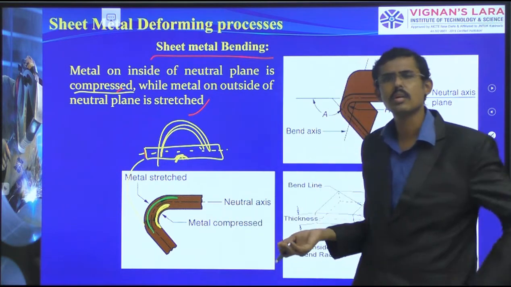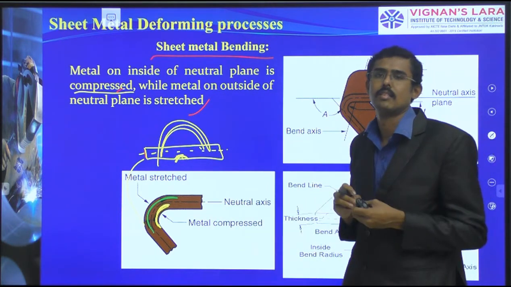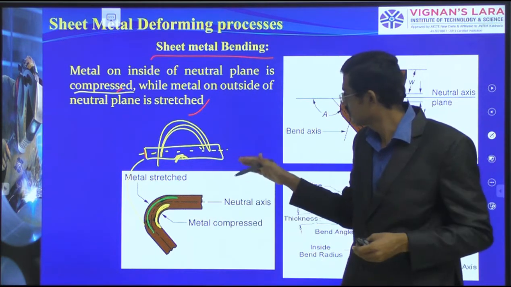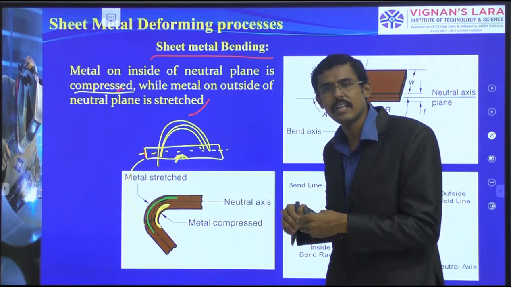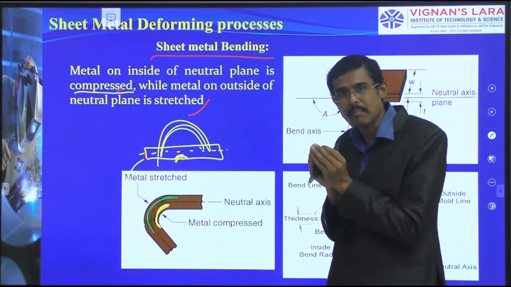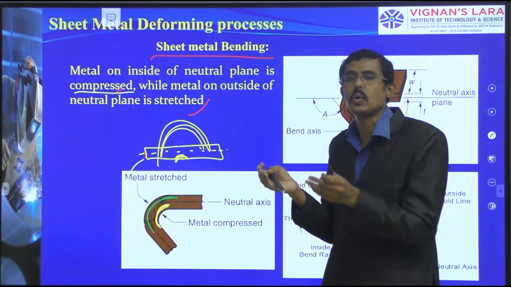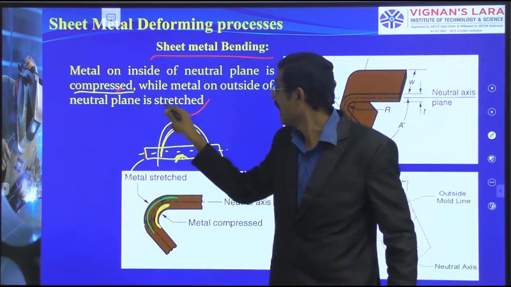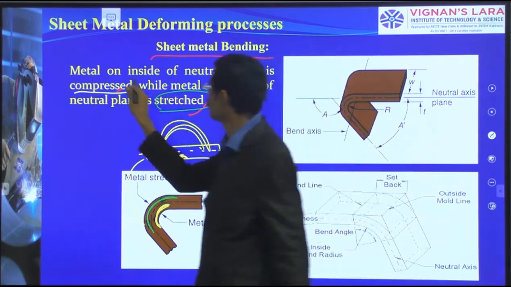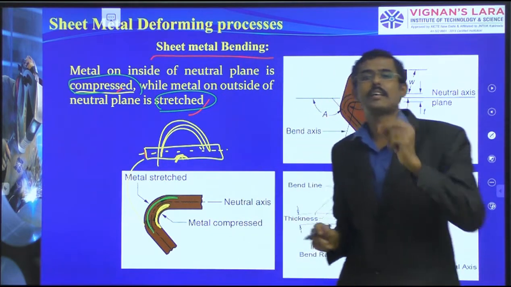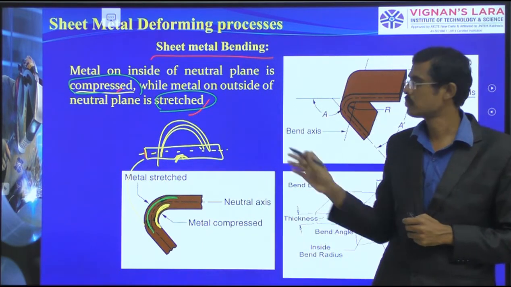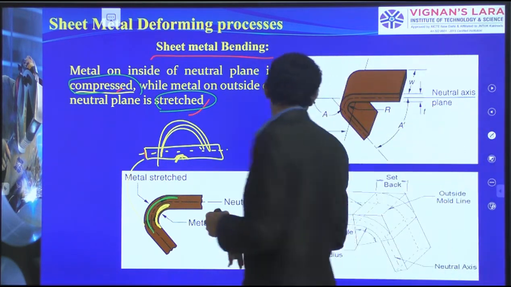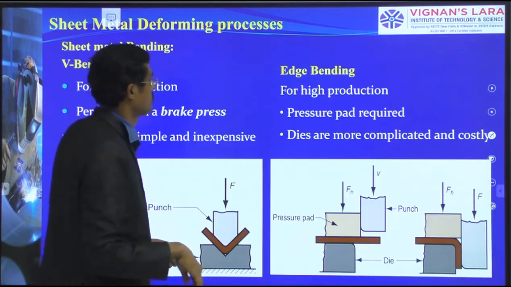So likewise we are forming the bending action. What I am conveying here is that the inside part of the neutral axis is compressing, and the outside part is stretching out. This compression and stretching combined is going to form a bending action. Without this it is not possible. This property has to be in the material.